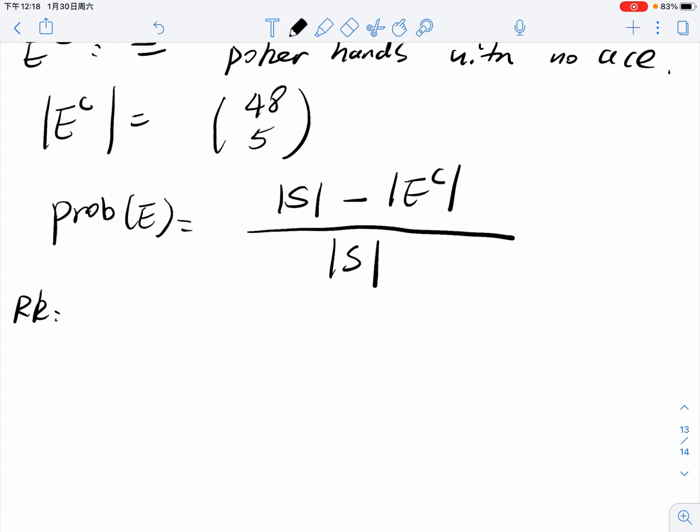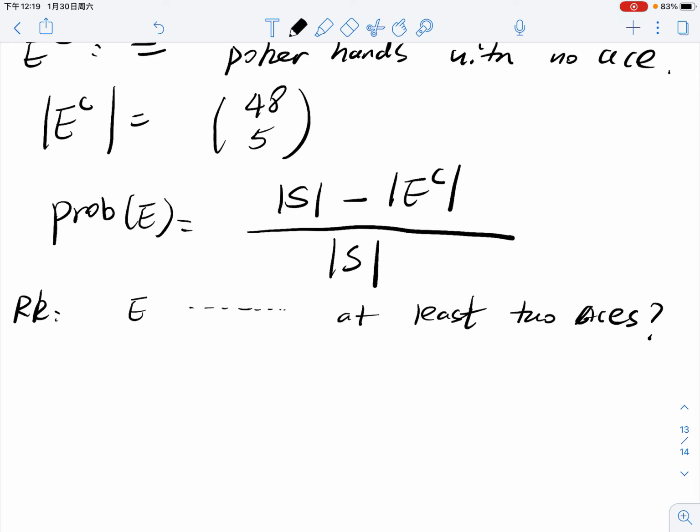And the remark is the question could be slightly different, more difficult than this. So let E be the event that the poker hand has at least 2 aces. So how to solve this problem?